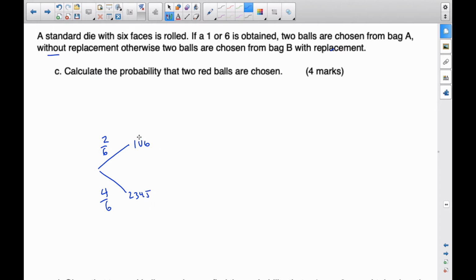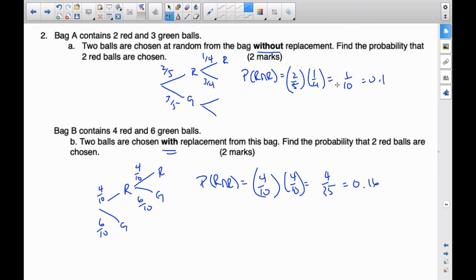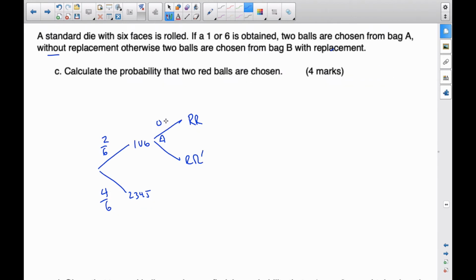And so if I get a 1 or a 6, I am going to be in bag A. And I could get 2 red balls, or I could not get 2 red balls when I go to bag A. I've already calculated this probability to be a 10% chance of getting 2 red balls. This is 0.1. Because I could make a tree here, but it's going to end up being this scenario, and this is 0.9.